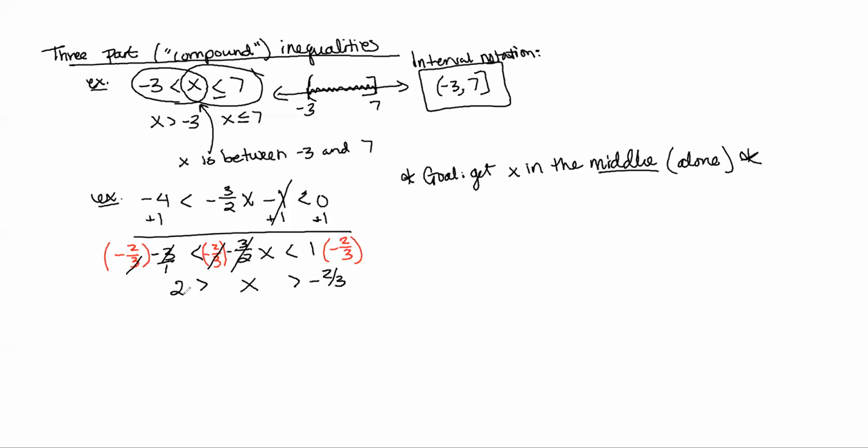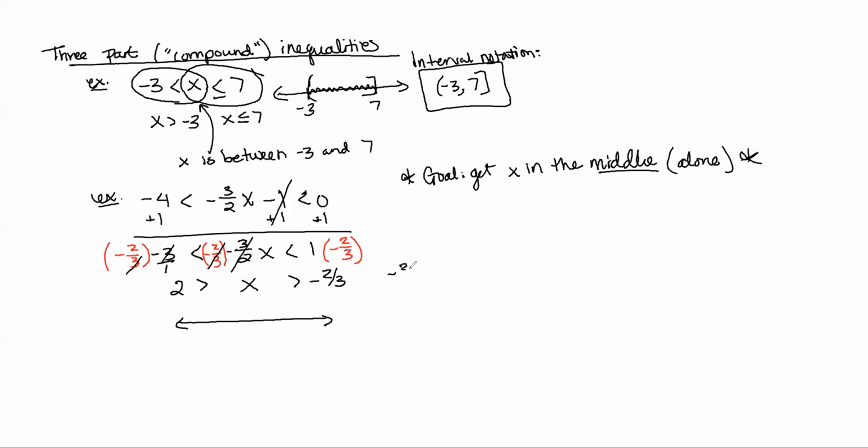And so normally, when you're looking at these, this one's a special case because we had to multiply by a negative. If you don't multiply by a negative, you don't have to flip anything. It'll graph just like we did up here. But notice how there's a positive 2 on the left and a negative 2/3 on the right. You want to make sure that you either physically flip it around and rewrite it.